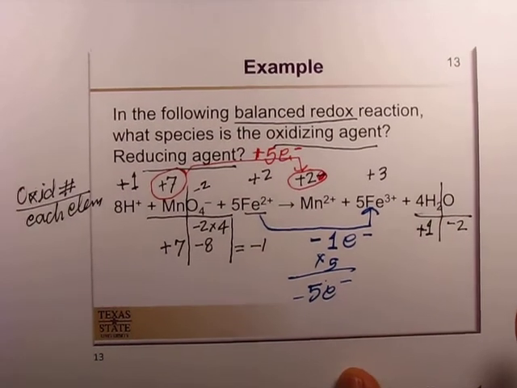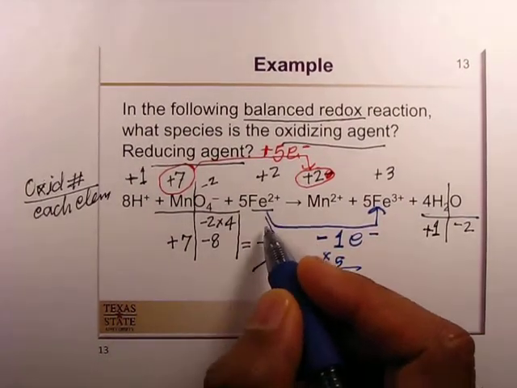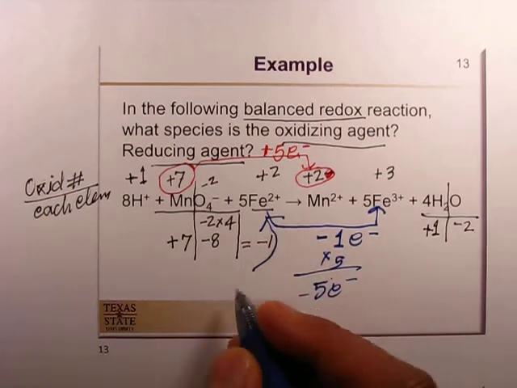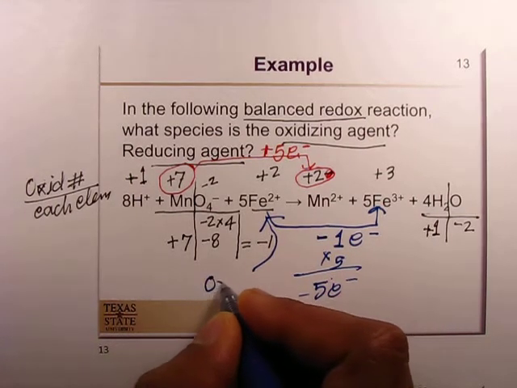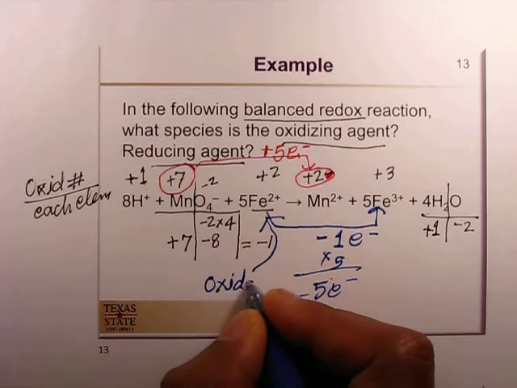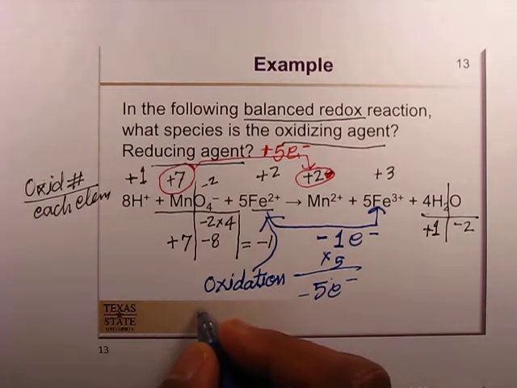So here we have iron 2, where oxidation happens, and this is called the reducing agent.